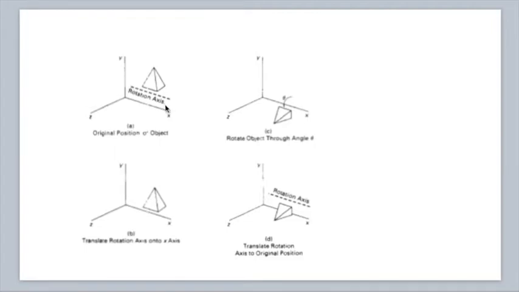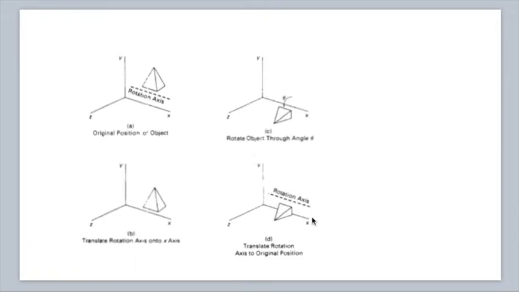The rotation axis is moved to the x-axis, and the object is moved here. Then you perform the rotation about this x-axis. Then you perform the translation again, that is translation back to the original position. So this object is moved back to the original position, and this will be the final rotated object.